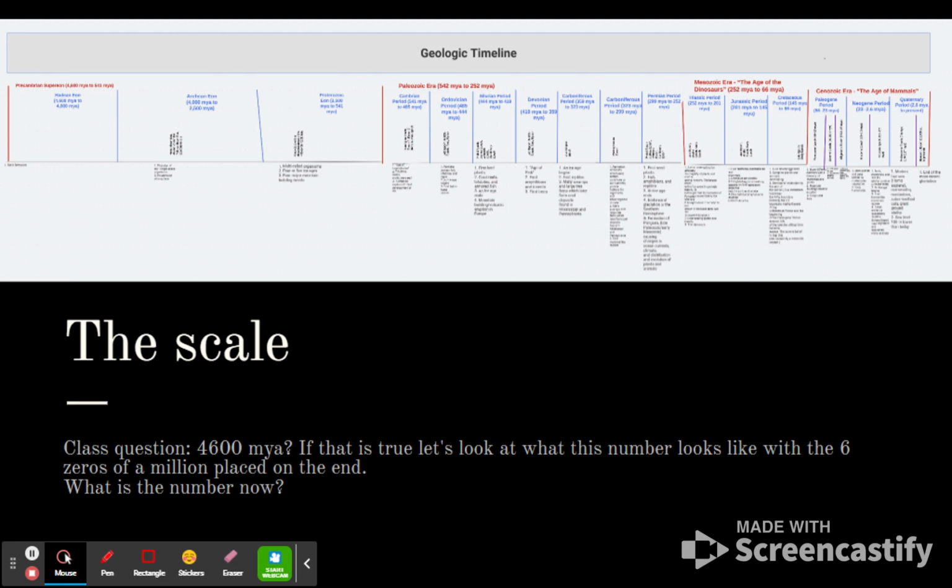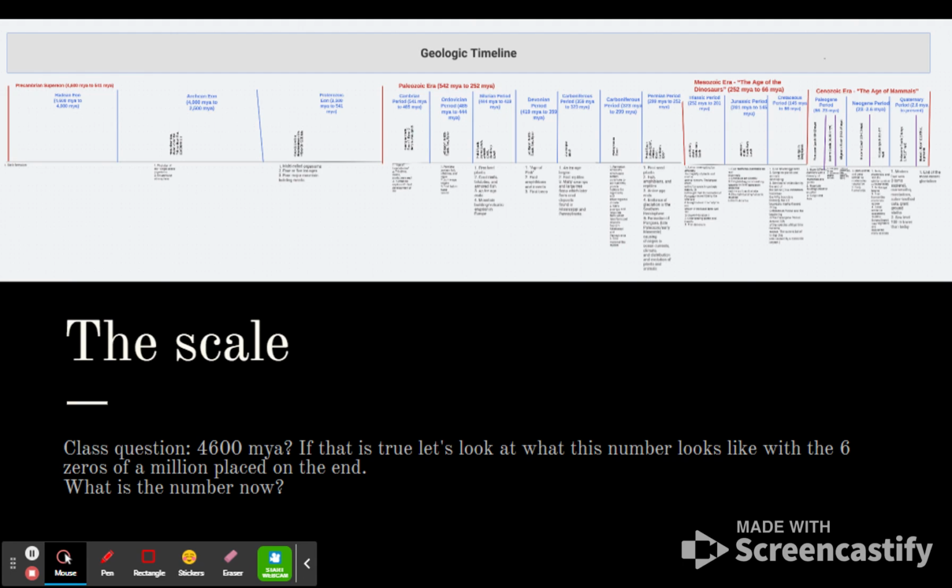You've got to write that part. All right, so that actually answers this scale. Note that we place 6 zeros at the end of the 4,600 to get the actual number. We already talked about that number, so we're going to move on to the next one.